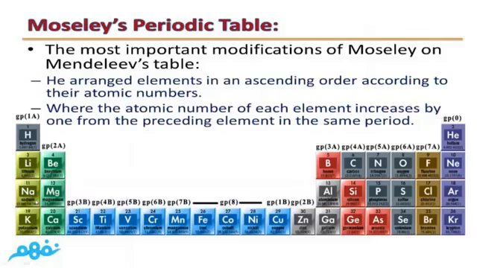This is the most powerful advantage of Moseley's periodic table. We can predict the atomic numbers of elements only by knowing their position in his table, because the atomic number increases from left to right in a uniform way.